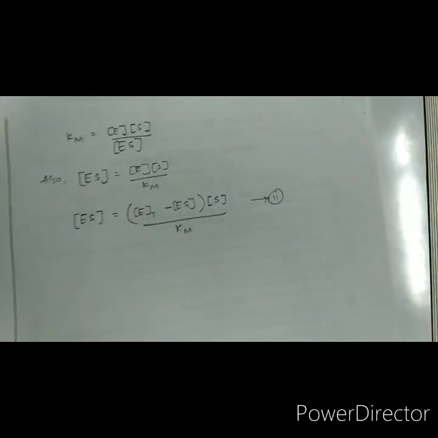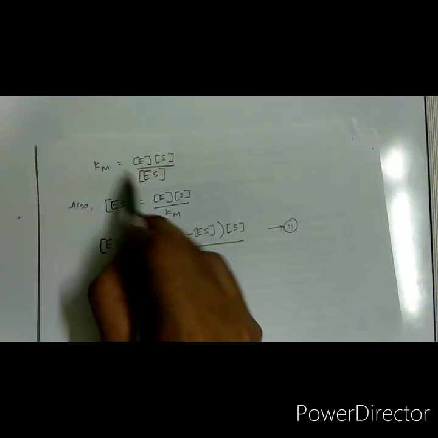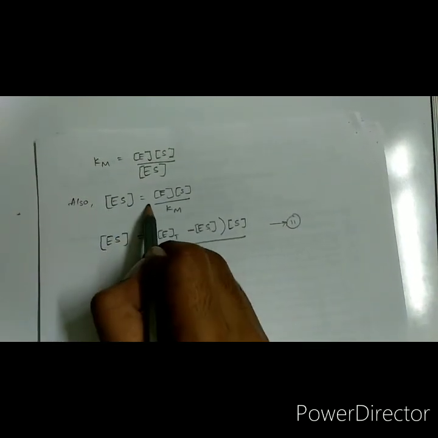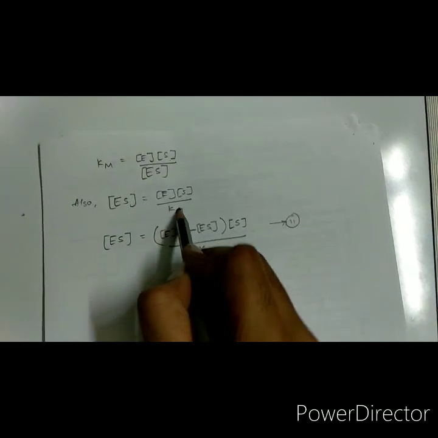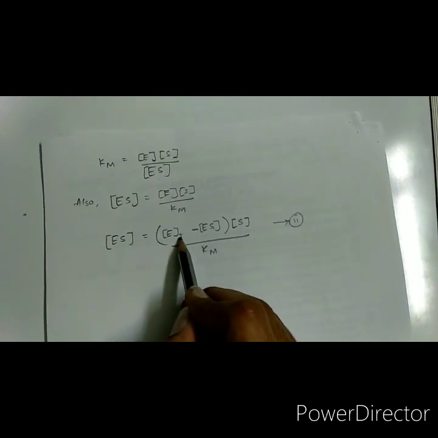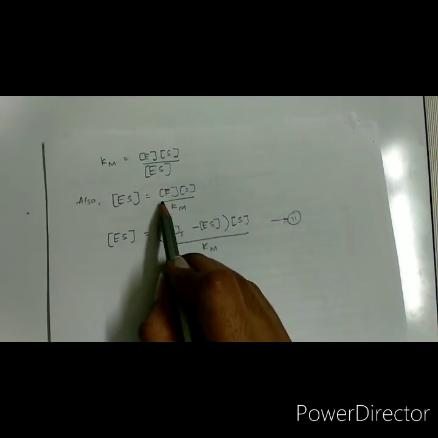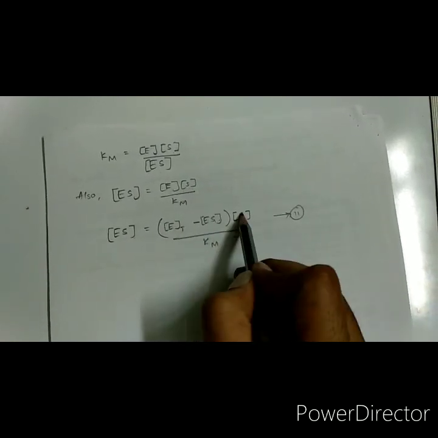So Km is equal to E into S divided by Es. We can also rearrange it into Es is equal to E into S divided by Km. Now we have to substitute this E with Et minus Es, so instead of E we have written Et minus Es into S divided by Km.